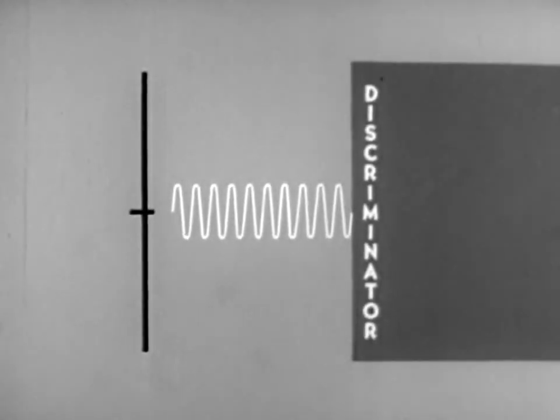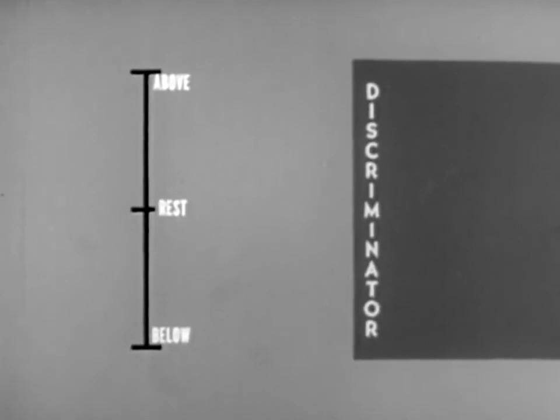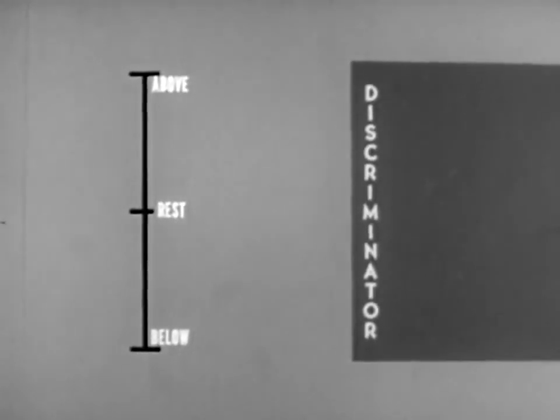This horizontal line represents the frequency range of the carrier. It also will represent rest frequency. This line will represent the maximum deviation above rest frequency. And this line will represent the maximum deviation below rest frequency. On this scale, we will see the frequency of the carrier as it arrives at the discriminator.